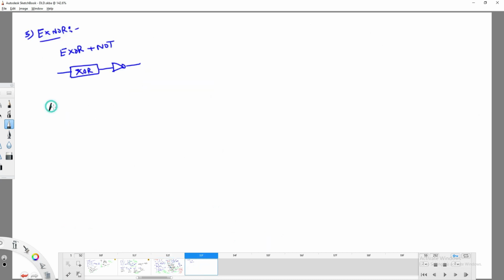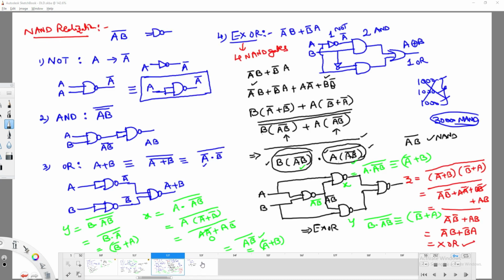I'll try to draw the structure the same as usual. A, B. There may be a little bit of variation in the diagram representation, but the outcome is the same.